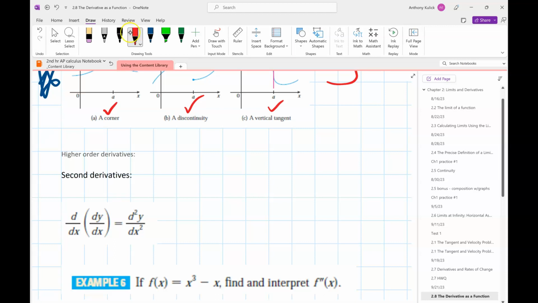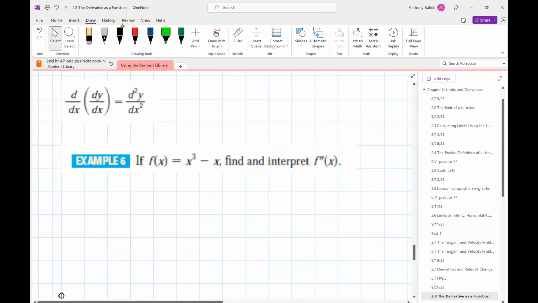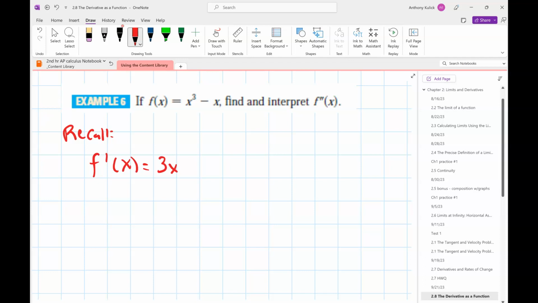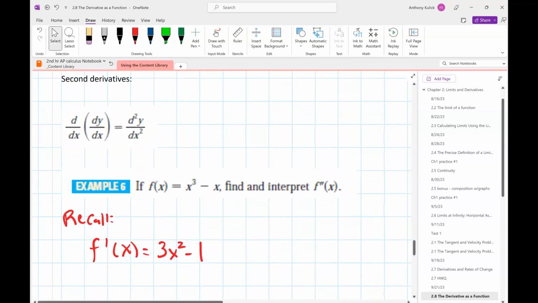Let's look at this example. So we did this already, right? We started off doing this at the beginning. We know the first derivative. We did this problem already where we found the first derivative at the beginning of class.